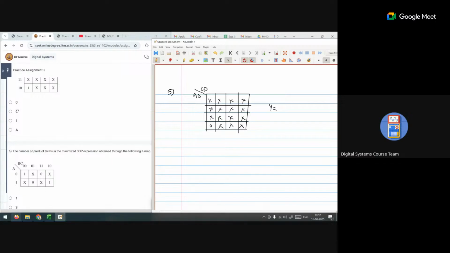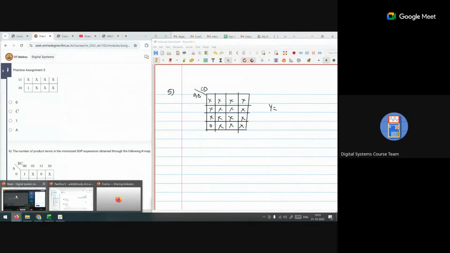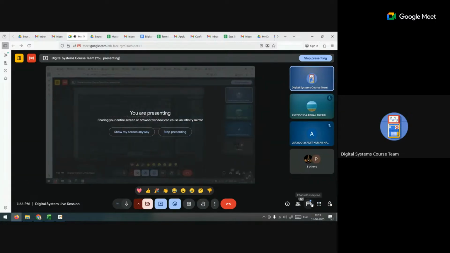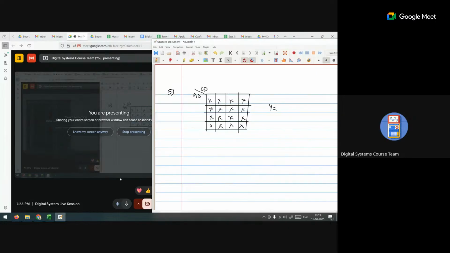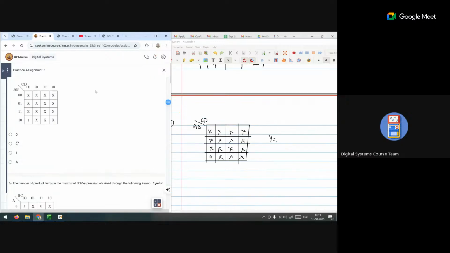No one will be answering. Am I wrong? It doesn't matter whether it is SOP or POS. Because if it is a 0, I can consider all these X will be 0.